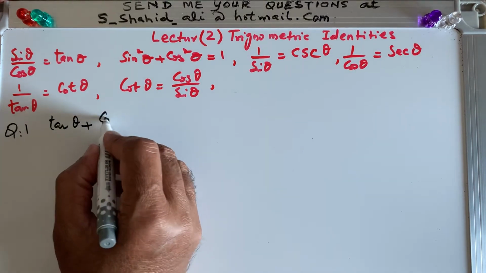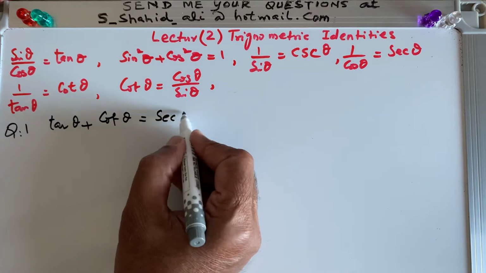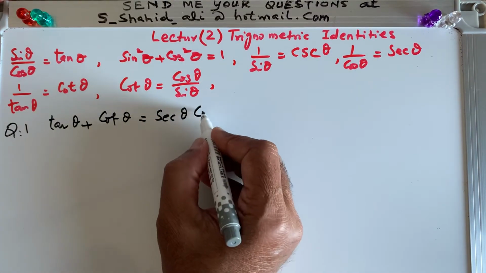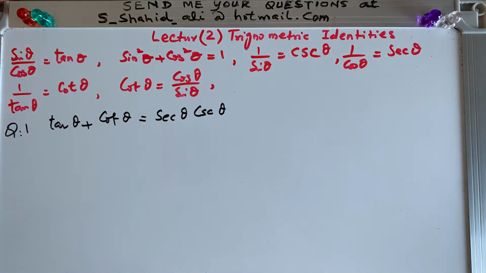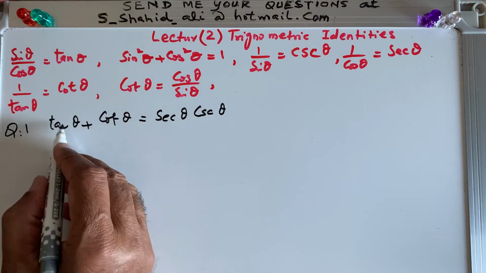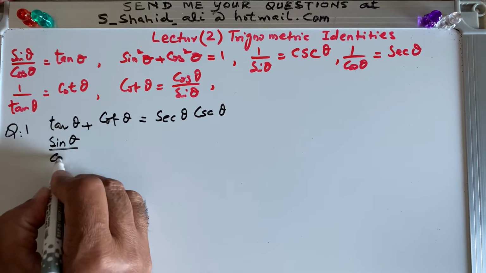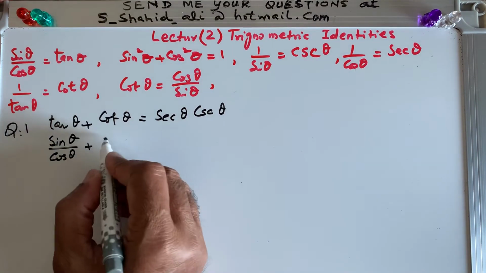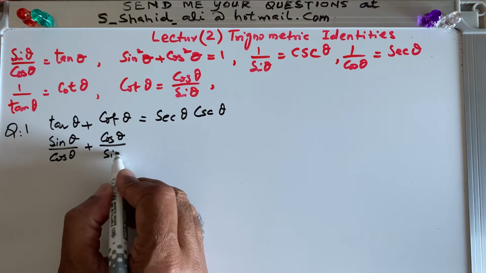plus cotangent theta is equal to secant theta and cosecant theta. So cosecant theta is Csc, secant theta is Sec. So we will take the left hand side and say tangent theta is nothing but sine theta over cos theta, and cot theta is nothing but cos theta over sine theta.